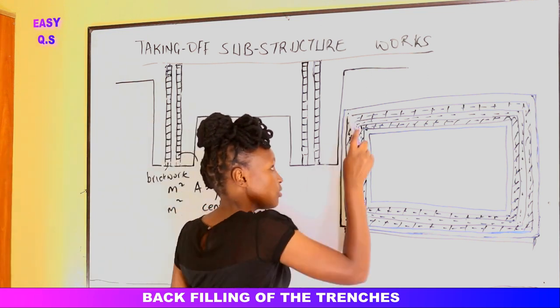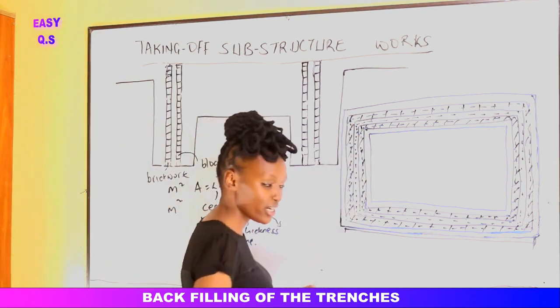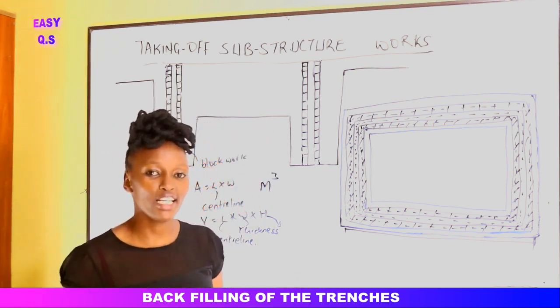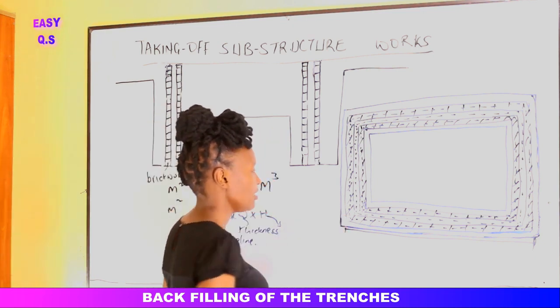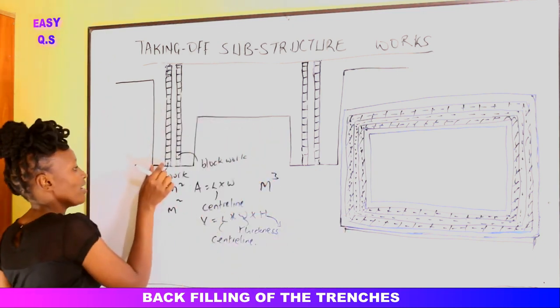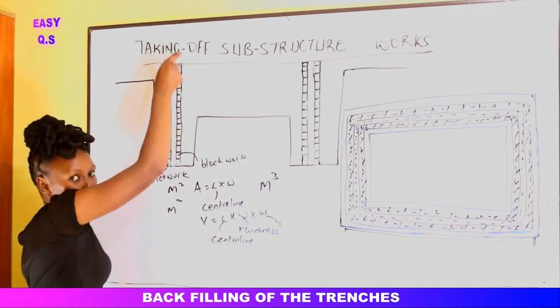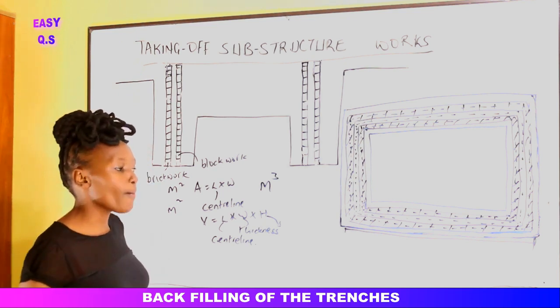On the plan, this will be the foundation spread on the outside, and this will be the foundation spread on the inside. So once we are backfilling the spread outside, this space in the trenches, we need to backfill with soil after we have constructed the wall. When we are returning the soil, that is what we are calling backfilling.